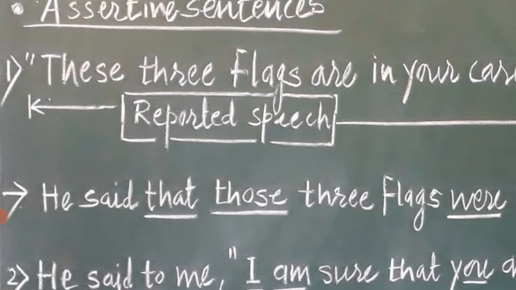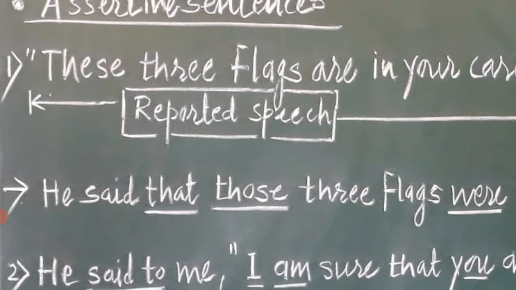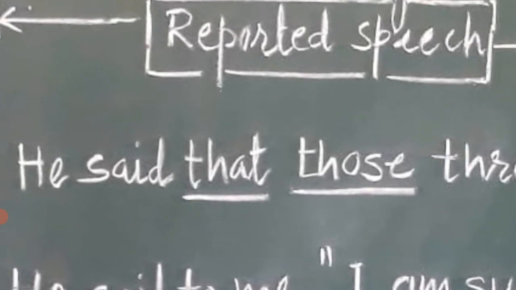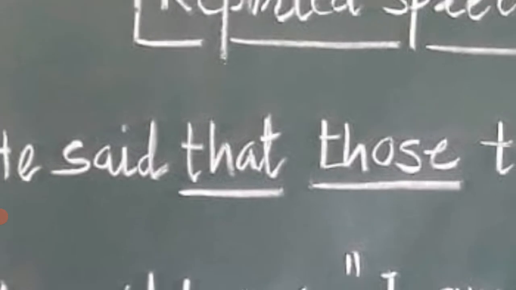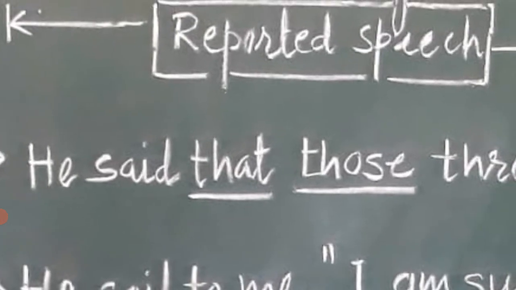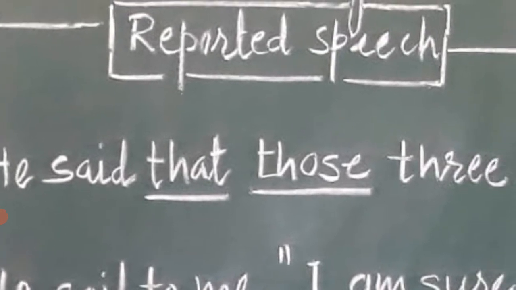He said, and now the sentence which is within the quotation mark is going to get simplified. First we have to remove the comma and inverted comma. Afterwards we have to join the reporting verb and reported speech with the conjunction that. That's why we have written here "he said that."